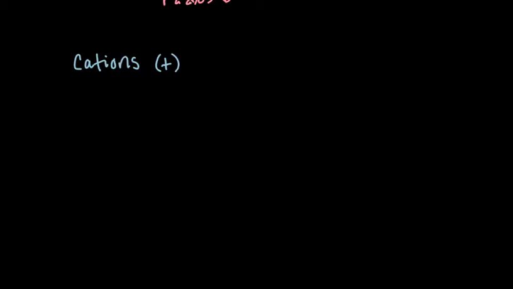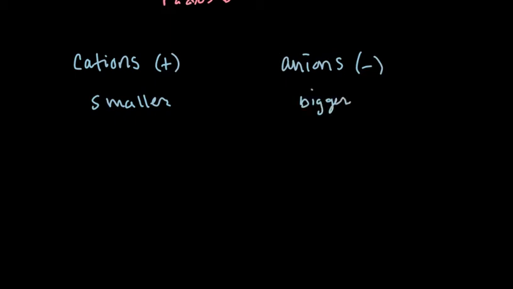As we lose electrons, we are subtracting electrons, so our atom gets smaller. Conversely, when we have our anions, these are going to be our ions with the negative charge, as you recall. Our atom is going to get bigger because you're adding more particles, and it's going to expand as you add more electrons. Okay, so that should be pretty intuitive.